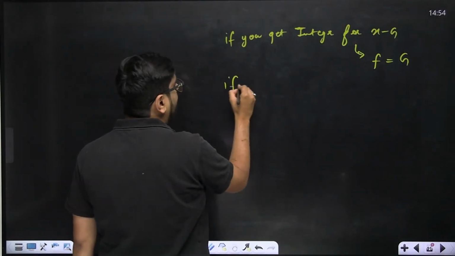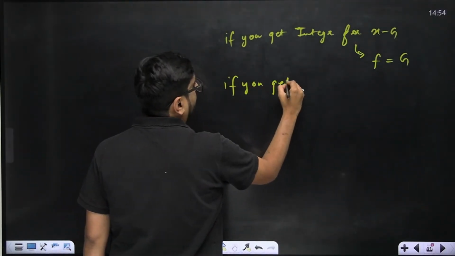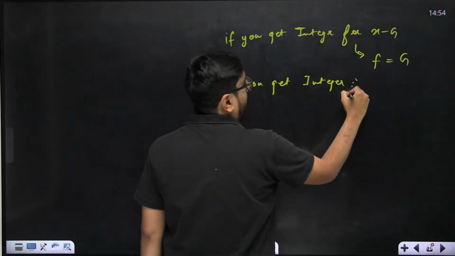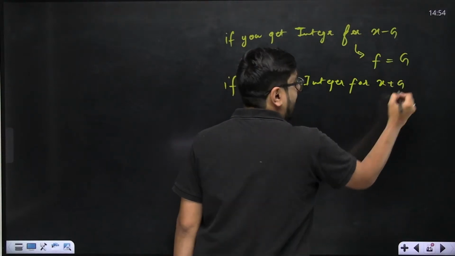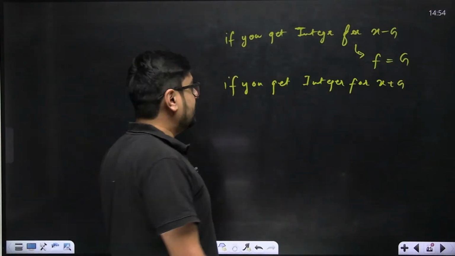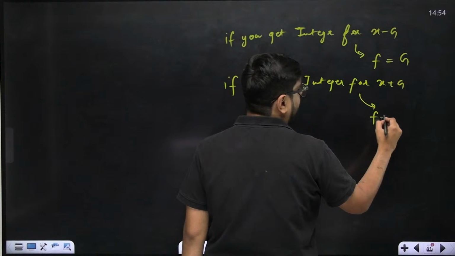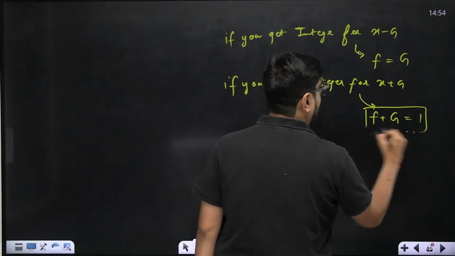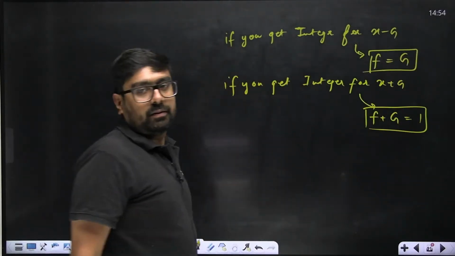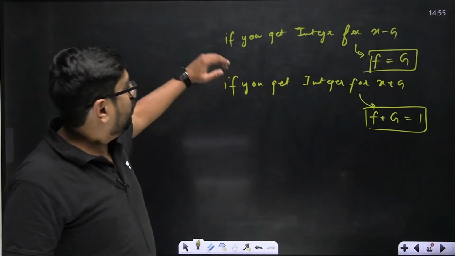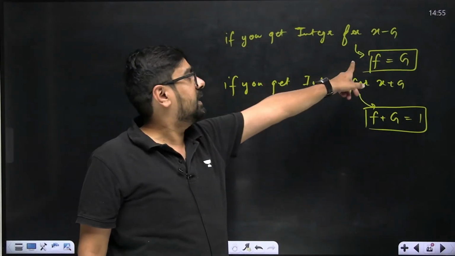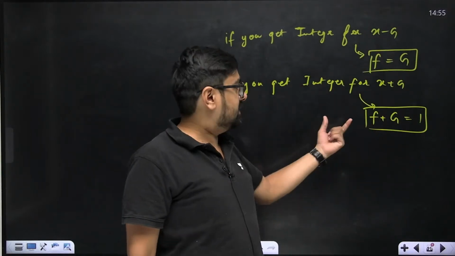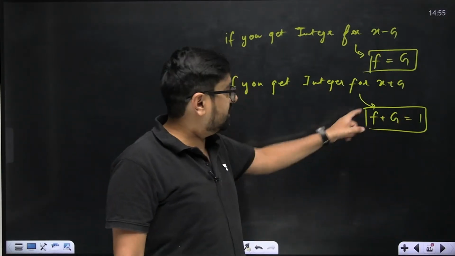And if you get an integer for x plus g, that implies that your fractional part plus g is equal to 1. These are the important things, just remember this. If you are doing x minus g and getting an integer, your fractional part is equal to g. If you are doing x plus g and getting an integer, your f plus g is equal to 1.